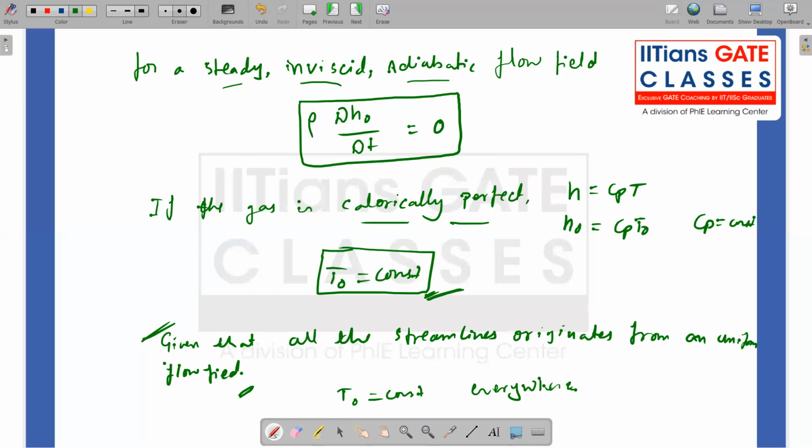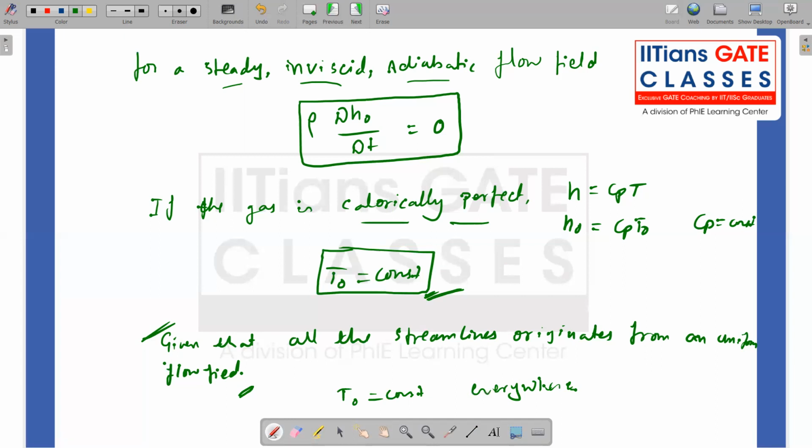So this is very important. Now I have defined stagnation properties for a flow field, but it is not necessary that the flow field has to be adiabatic to define a stagnation temperature. It is a defined quantity, not something which exists on its own.